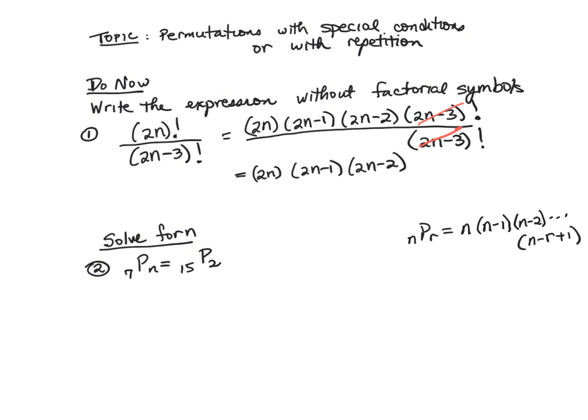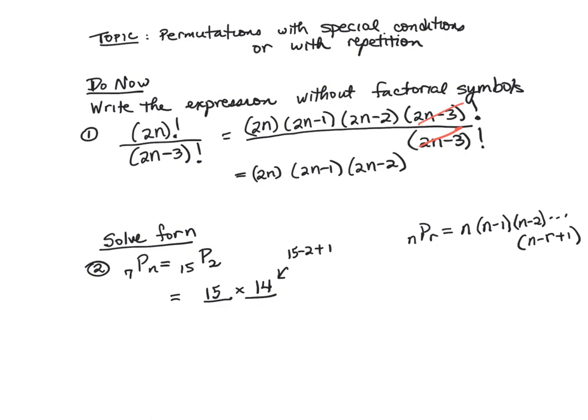Or we could say that we have r spaces, so in this case, we have two spaces, and we count down from 15, 15 times 14. And in this case, 15 minus 2 plus 1 gives us the 14. But we don't really need that formula.